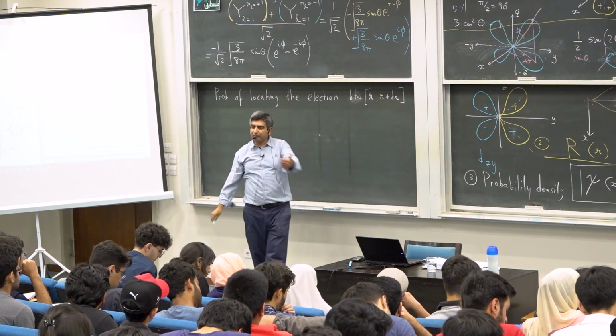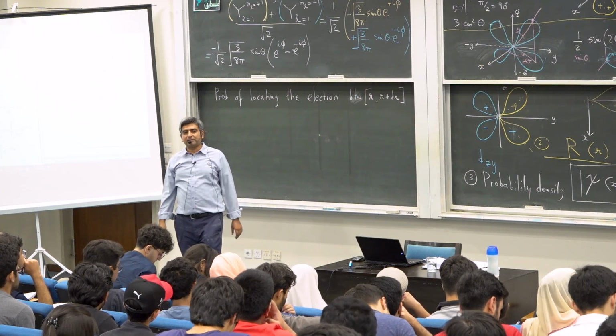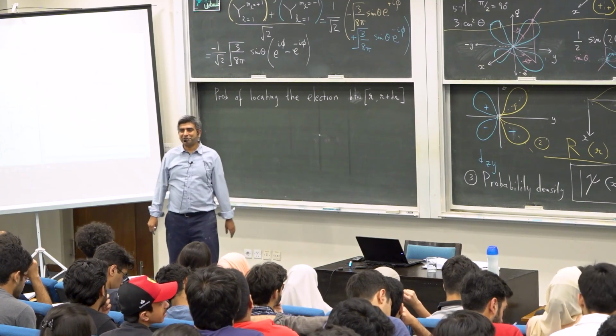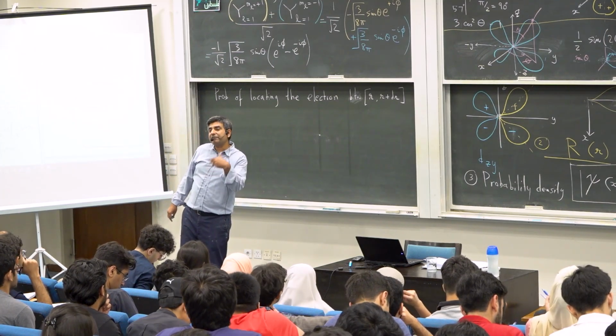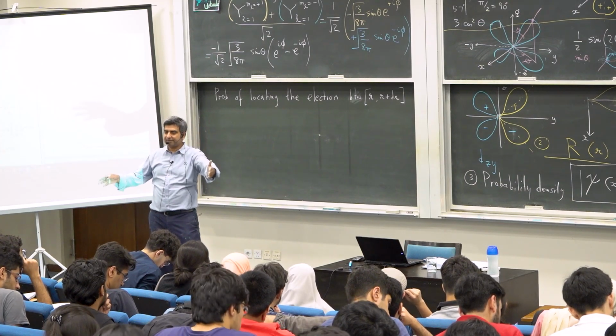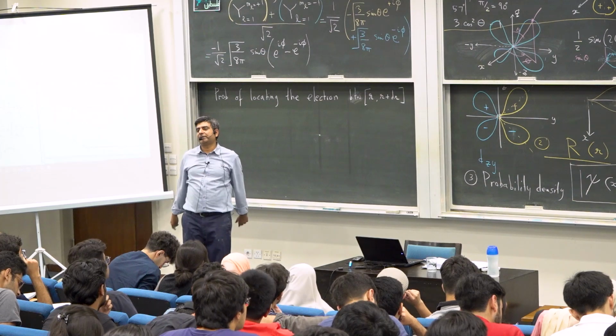Okay, this is my question. How far is the electron from the nucleus? Not a good question, but how far can I find the electron in an experiment to be away from the nucleus, at a distance r, within a small section dr? This is my question.